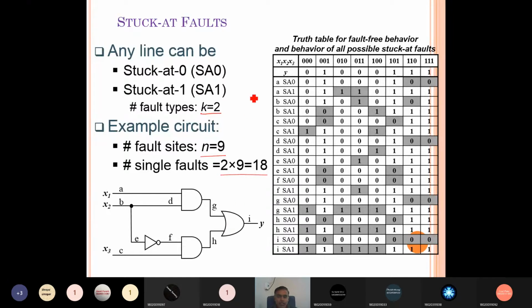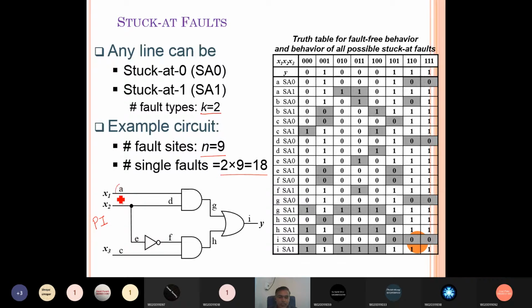And let me list out all the faults, and all the possible combinations of primary inputs, and then we'll see which primary input can detect which fault.